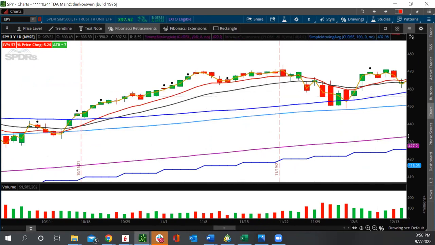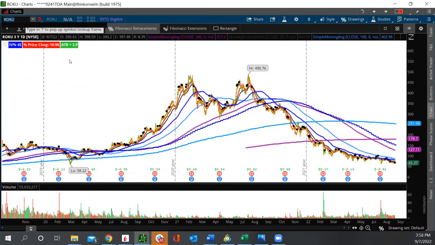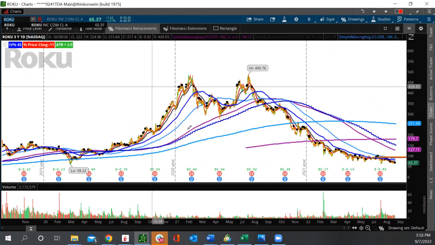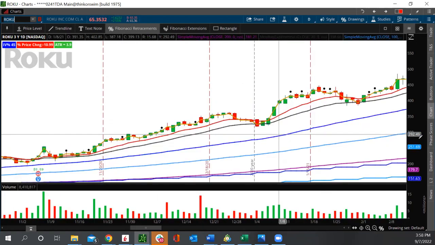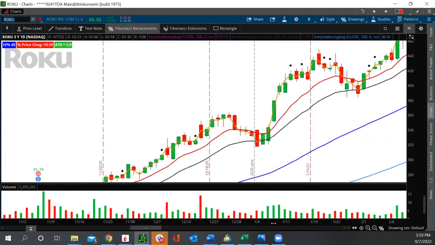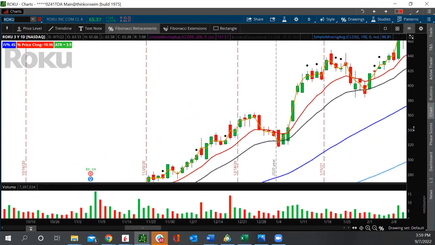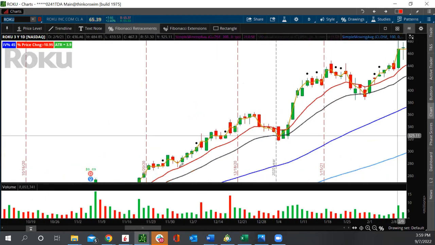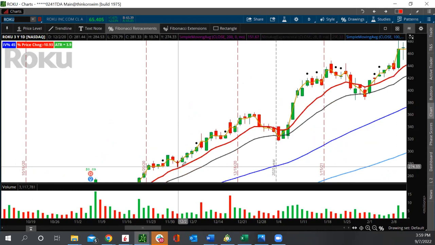Let's see. Let me get out of SPY for a minute and go to Roku. This was something we were looking at last night. Okay, so again, here's a recent low.